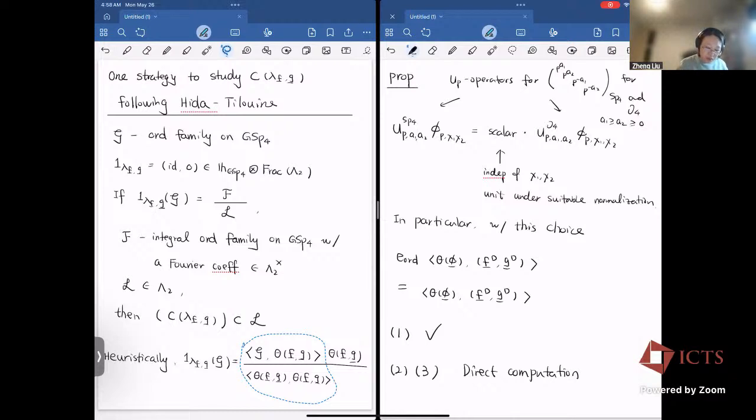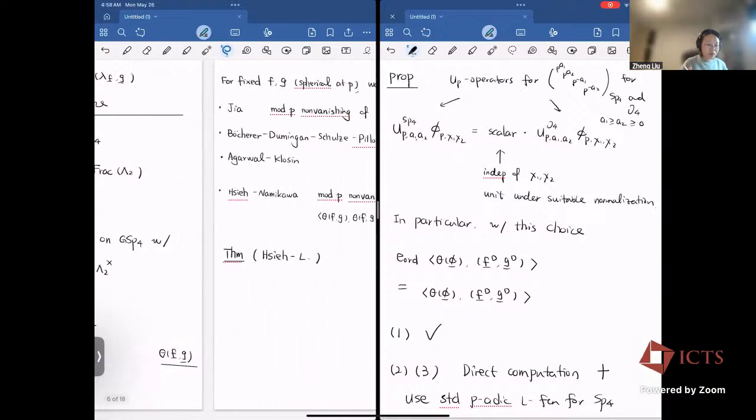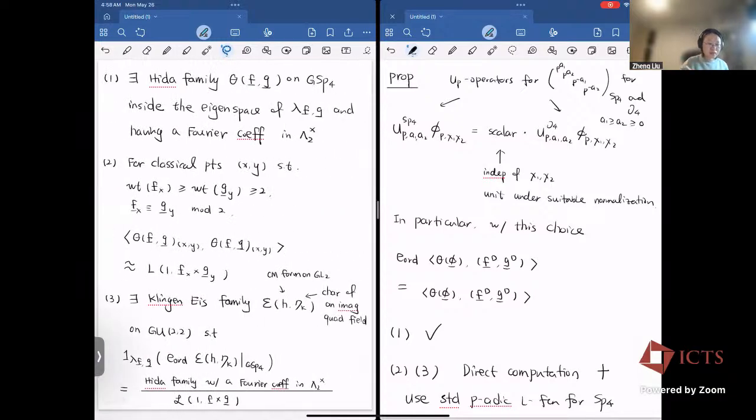So this will be done by direct computation, plus a trick by using another p-adic L function, the standard L function for the Sp form, to avoid some relatively more difficult computation for non-trivial Nebentypus, and 3 for general vector weights.